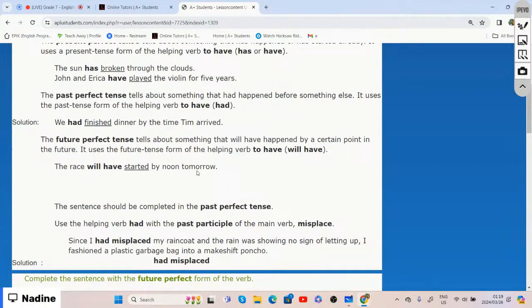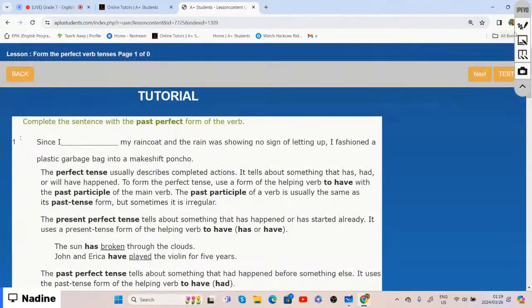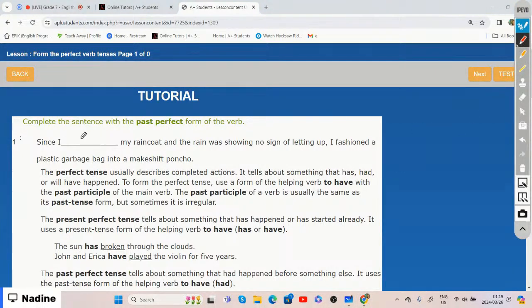I'm going to give you the word misplaced, and then you are going to put the helping verb in front of that main verb. It says, since I misplaced my raincoat and the rain was showing no sign of letting up, I fashioned a plastic garbage bag into a makeshift poncho.